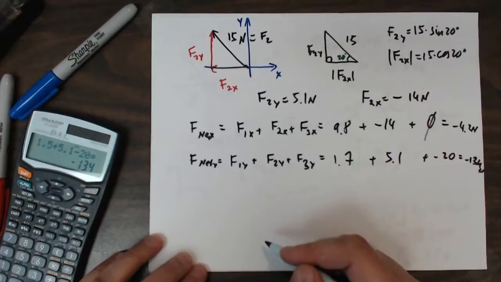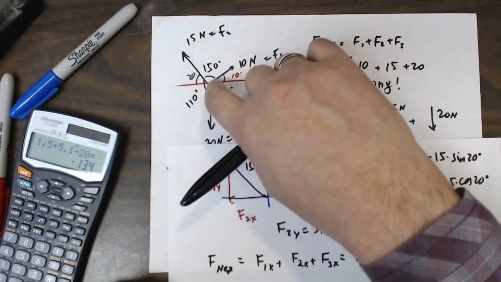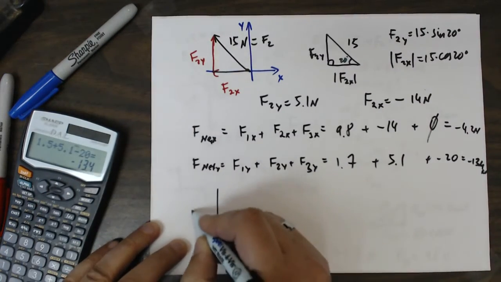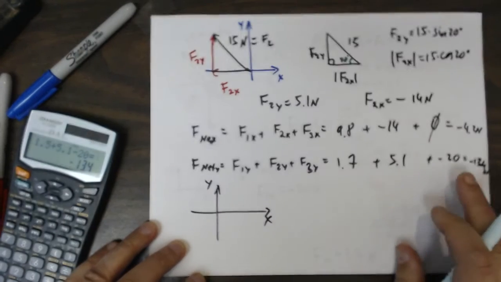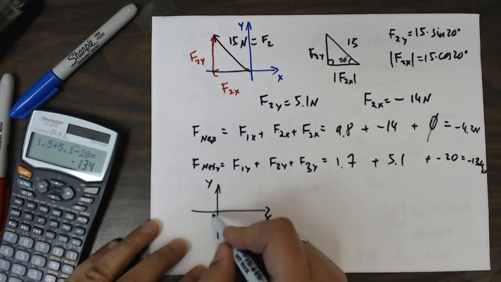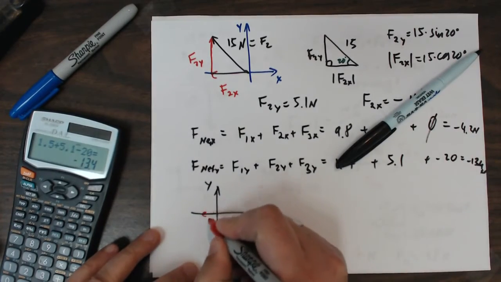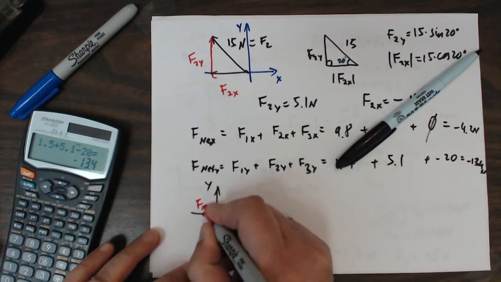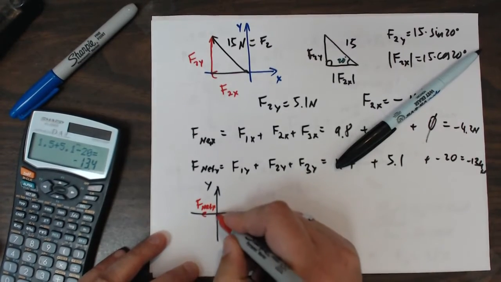So it turns out our net force will be directed like this. So if we draw the x-axis and the y-axis, the net force, both components are negative: 4.2, that's the x component of the net force, and negative 13.4.